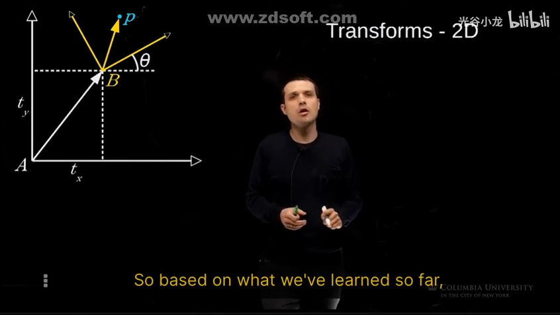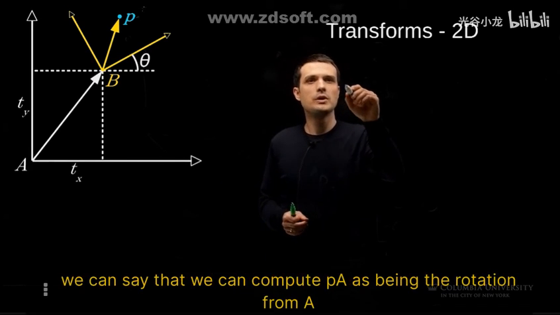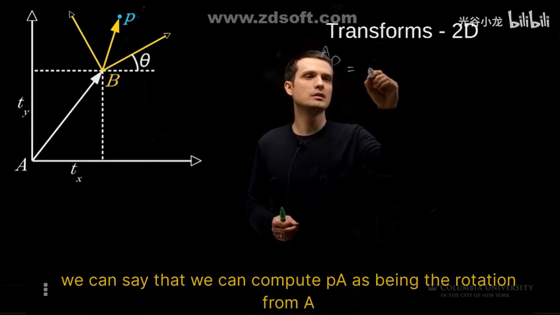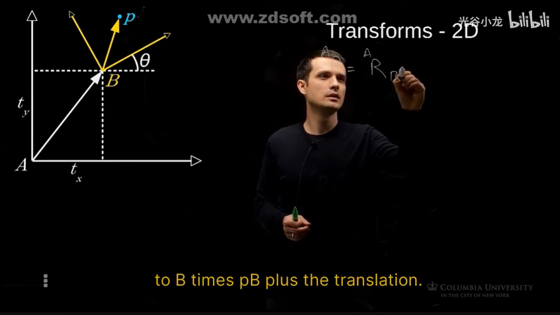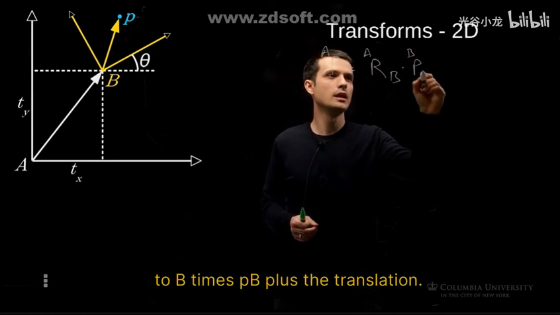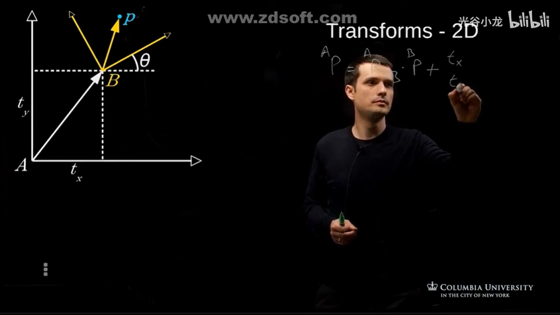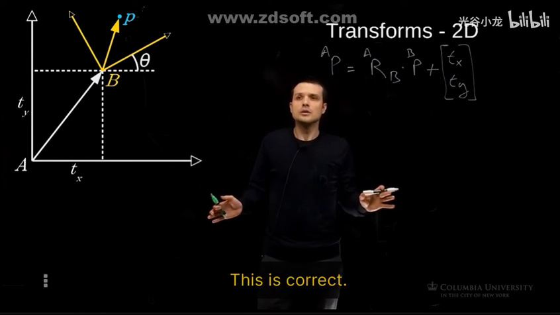So based on what we've seen so far, we can say that we can compute PA as being the rotation from A to B times PB plus the translation. This is correct.